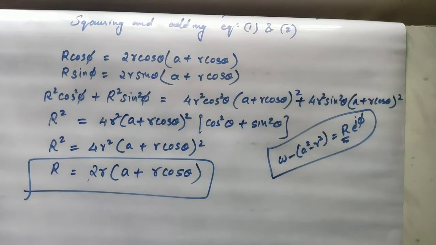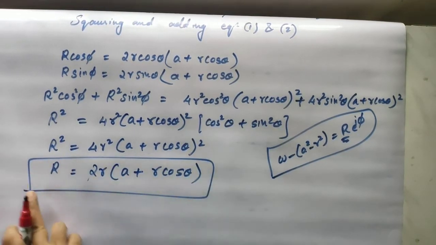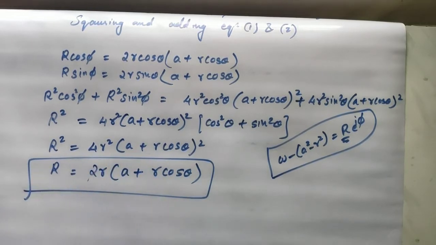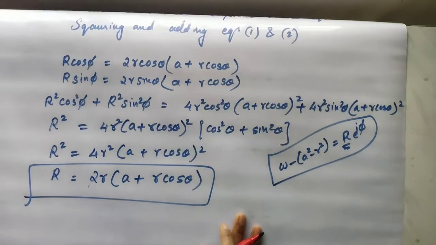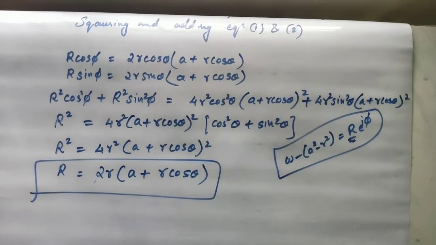Now once we have found that r, we will find φ. To find φ, I divide equation 2 by equation 1.